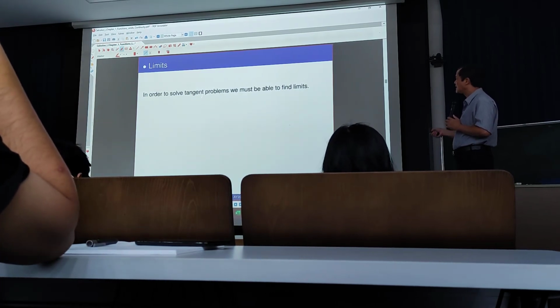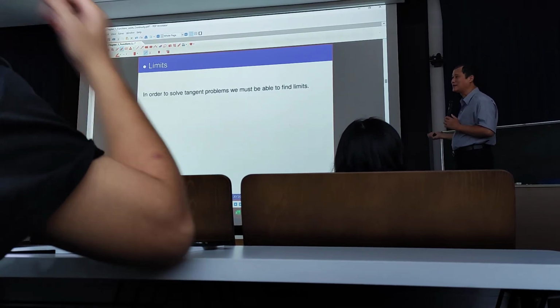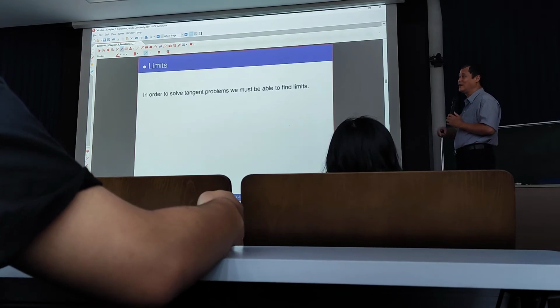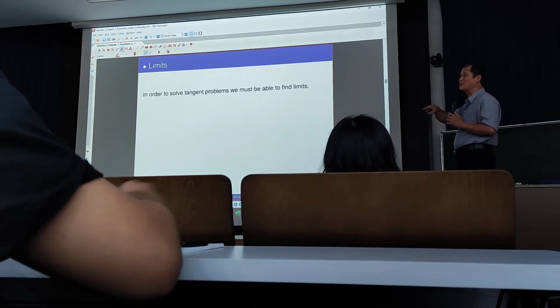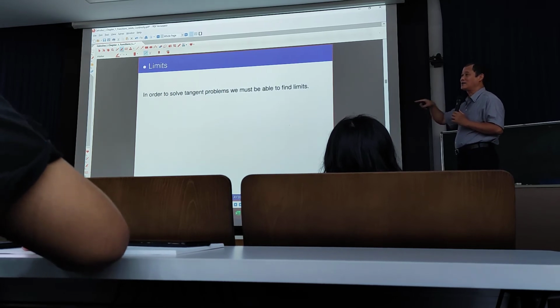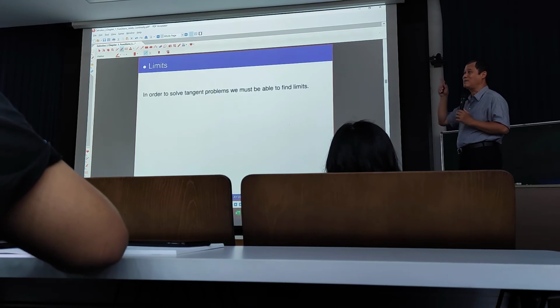To find the tangent, you have to find the limit. Right? You studied this in high school already. Given a cubic curve or quadratic curve, you are asked to write down the tangent line to the curve at a point. Then you find the derivative, something like that.